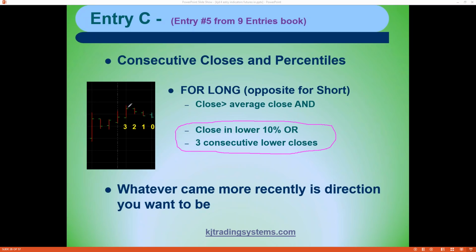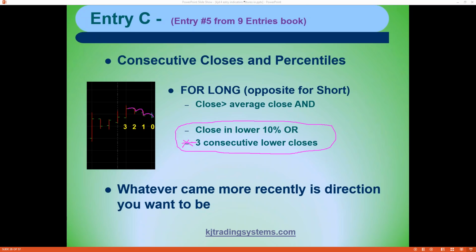This particular case, you can see we have 1 consecutive close lower, another one lower, and another one lower. So for that one, as long as the close was above the average close, this is triggered, and then a long signal would be triggered. And again, it would stay that way until the short is triggered if you're using it as an indicator.